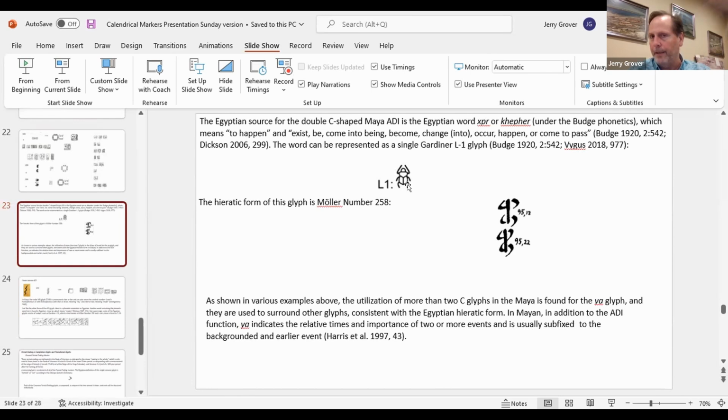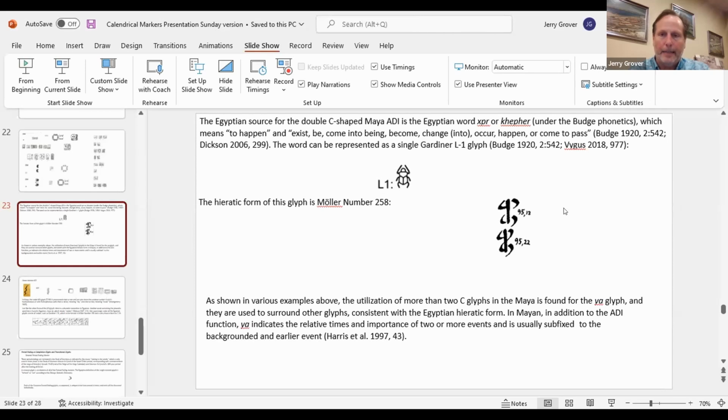That's where you have the complete depictions of the birds and the insects and the animals, among other things, buildings. The hieratic is where they just shorthanded it. So that glyph in the Egyptian does mean to happen, to exist, to occur, to come to pass.